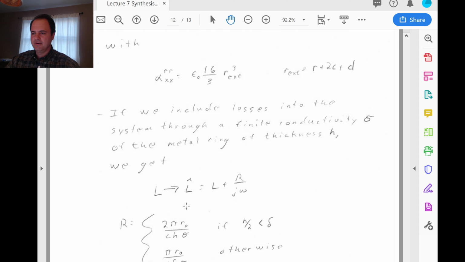So the only other thing in here really is if we include losses into the system, it is going to broaden out the resonant frequencies.